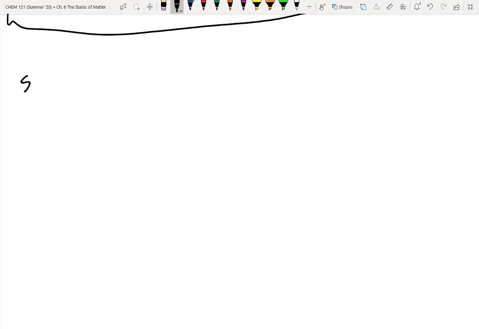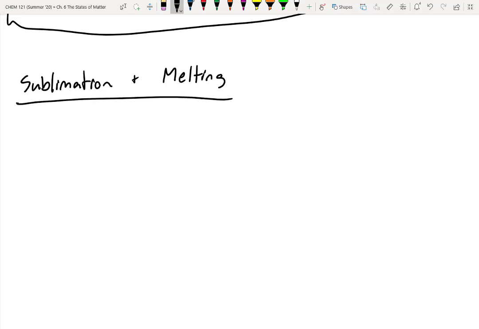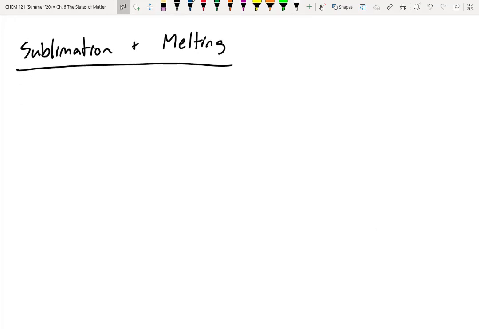Our last one is going to talk about sublimation and melting. So when you have a solid going to a gas, that's sublimation.